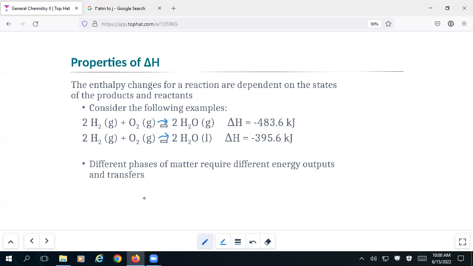So different phases of matter are going to give us different energy outputs. So we have to be careful when we start looking at them.